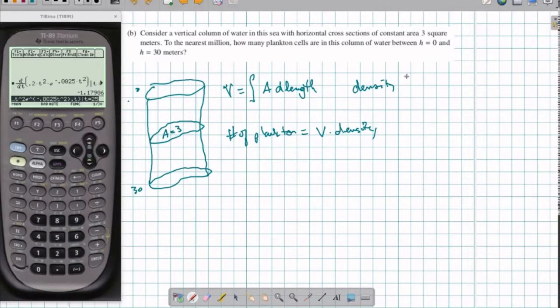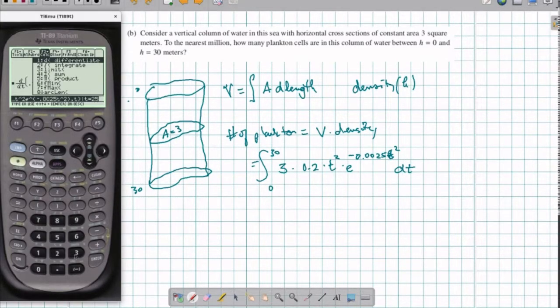The only thing is that my density is actually a function of h. So I need to integrate from 0 to 30 my area function, which is 3, times my density function, which is 0.2 times h squared times e to the negative 0.0025 h squared dh.